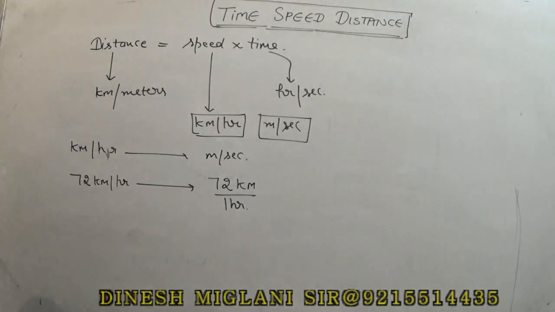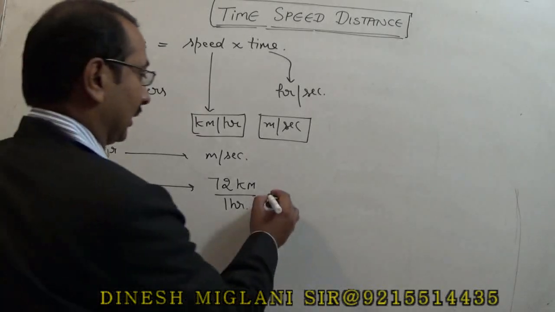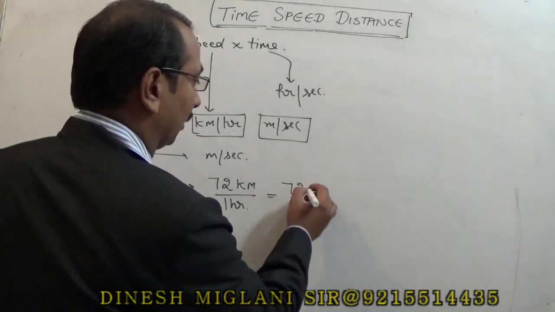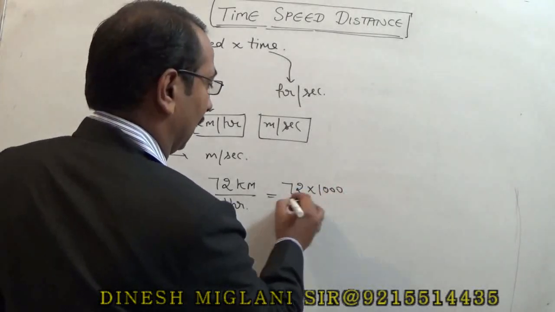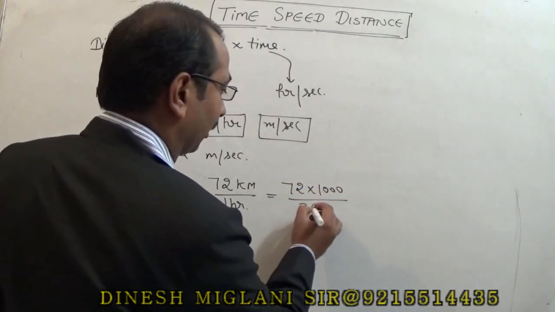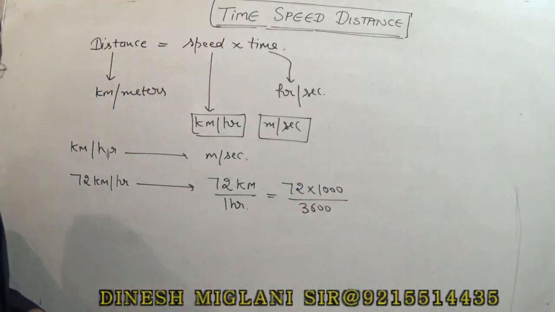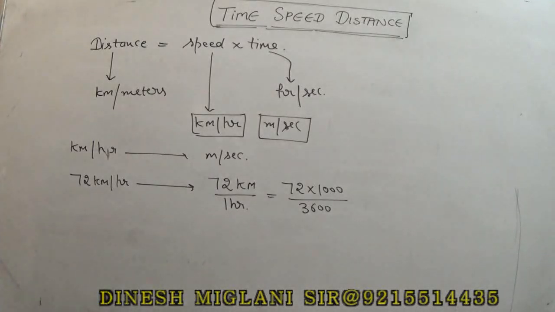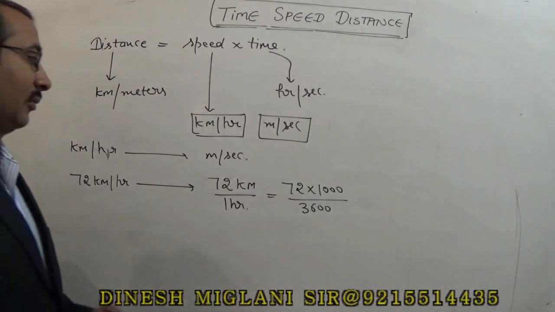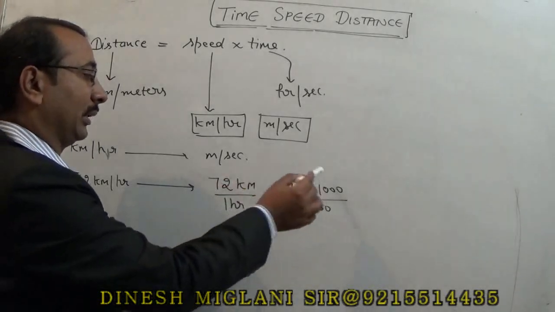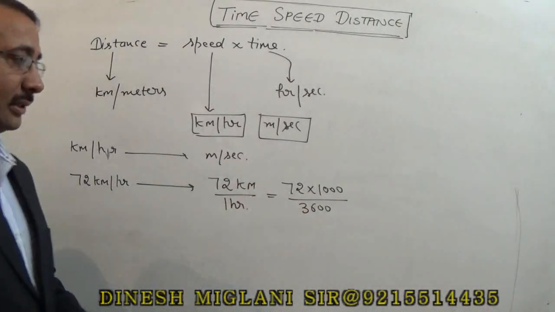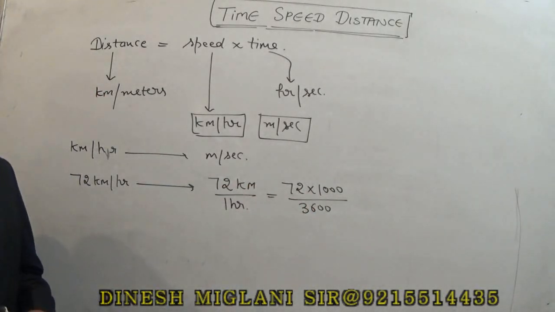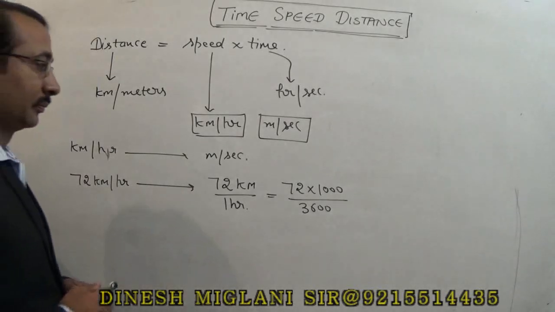It means kilometer has to be converted into meters and hour has to be converted into seconds. So I can say 1 kilometer has 1000 meters and 1 hour has 3600 seconds. So I can say 72 into 1000 upon 3600.